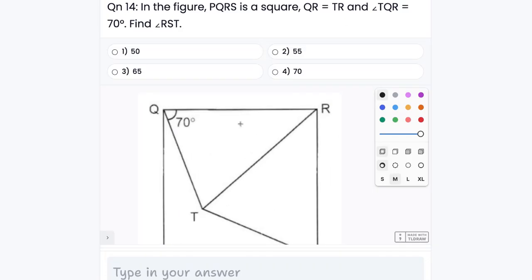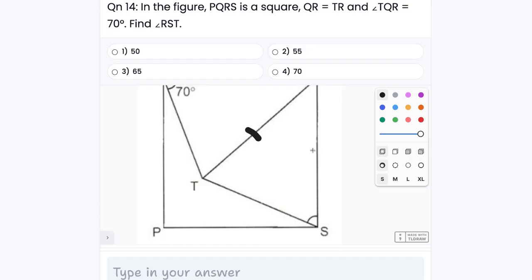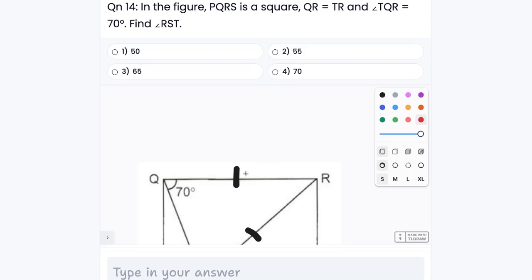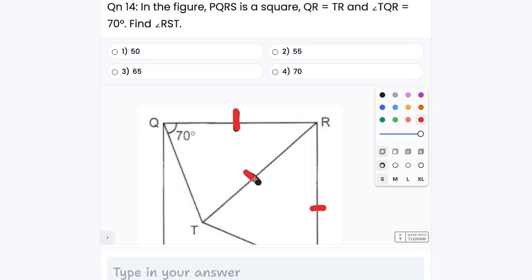So QR over here, okay, let me make this small. QR is equal to TR. And since, if I were to draw another one, since this is a square, RS is equal to QR. So that means these are the same.